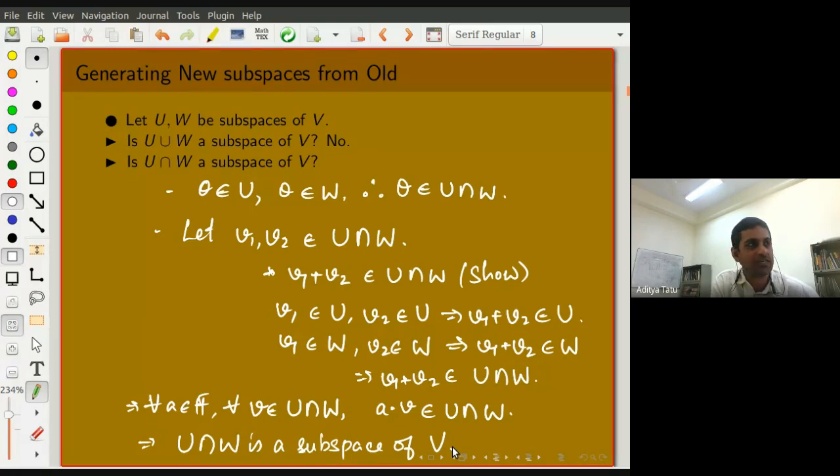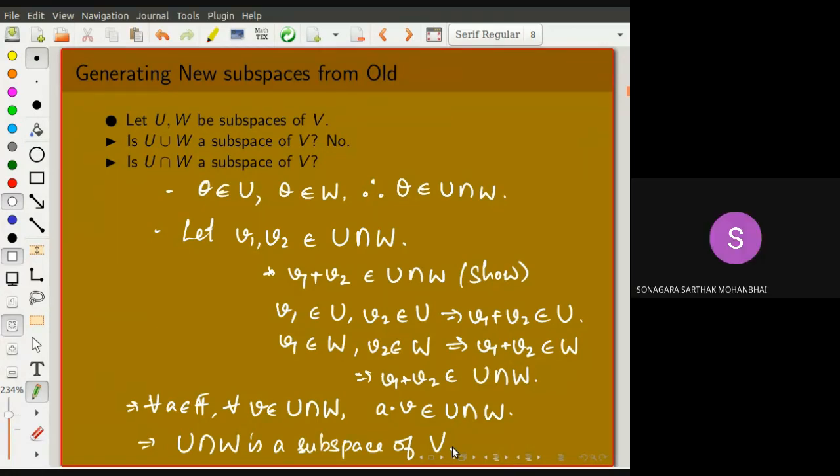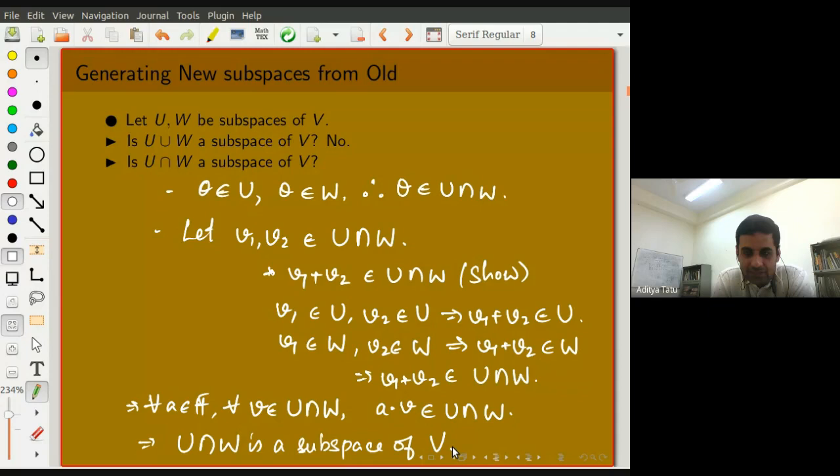This was a question, I think, in the second or third tutorial itself. If the group is abelian, then we know that HK will also be a subgroup.